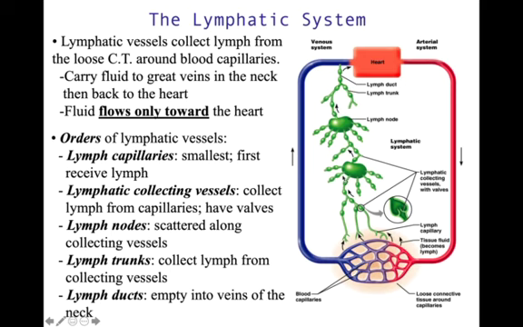Also scattered along these lymphatic collecting vessels, you see these larger structures here. These larger structures are the lymph nodes. These lymph nodes are the immune system organs that we're going to talk about after we talk about the lymphatic system. What we want to make sure is that as we're taking up this excess tissue fluid that has been filtered out of your capillaries, it's very possible that this lymph has microorganisms.